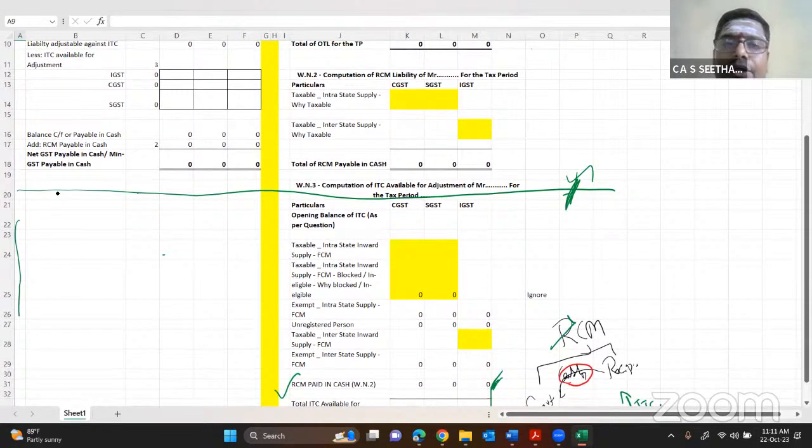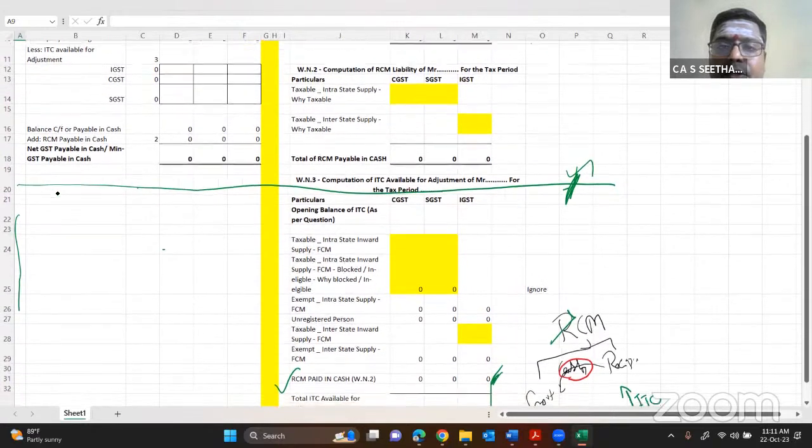Here we go. Working note number 2 and working note number 3.